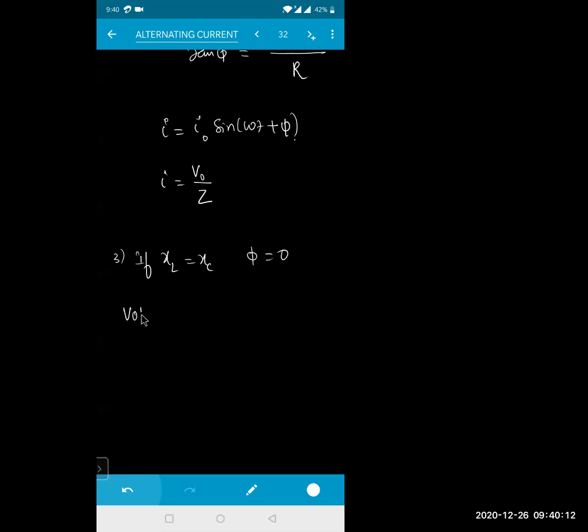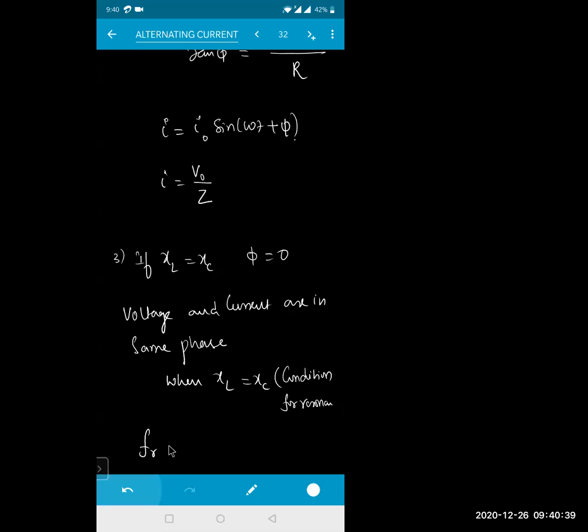So voltage and current are in the same phase. When XL is equal to XC, that is the condition for resonance. I already told you.